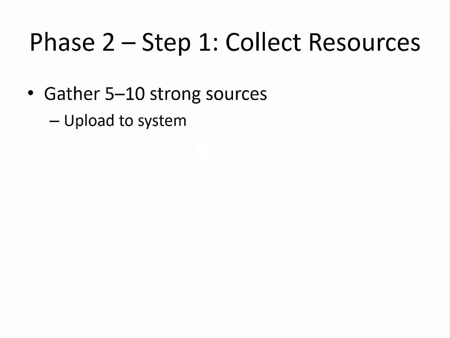That's another term that small businesses and any kind of business use a lot. So these are the steps to collect that knowledge. We need to gather at least 5 to 10 strong sources. Could be articles, papers, magazines, or other sources.